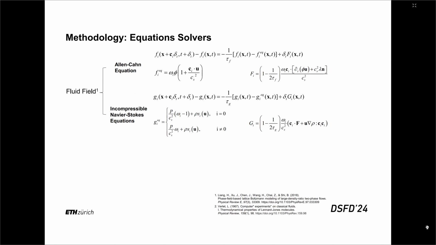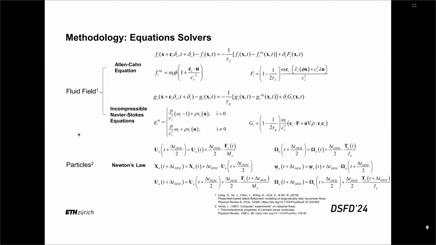There are two equations: the function f is calculated for the Allen-Cahn equation, and the function g is calculated for the incompressible Navier-Stokes equations. For the solid particles, we apply the Verlet iteration method. The equations are shown here.